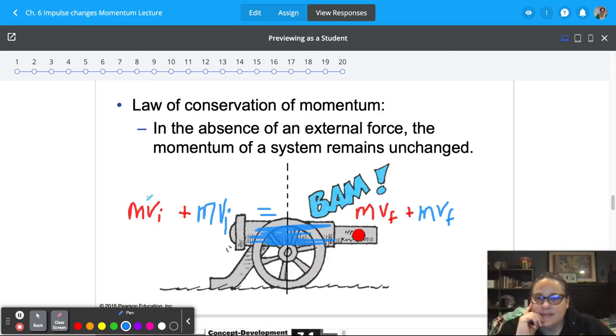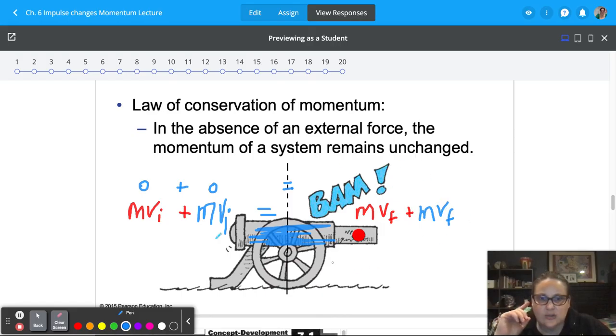So the velocity would be 0. So regardless of mass, the momentum of the cannonball and the cannon before shooting is 0. So it's 0 on the left side of this equation. Then on the right side, we have the mass of the cannonball times its final velocity and the mass of the cannon times its final velocity, and we're going to add it.